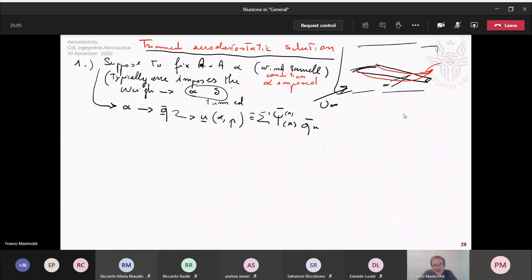However, this is not the true problem. The true problem is to have a trimmed solution, trimmed configuration.